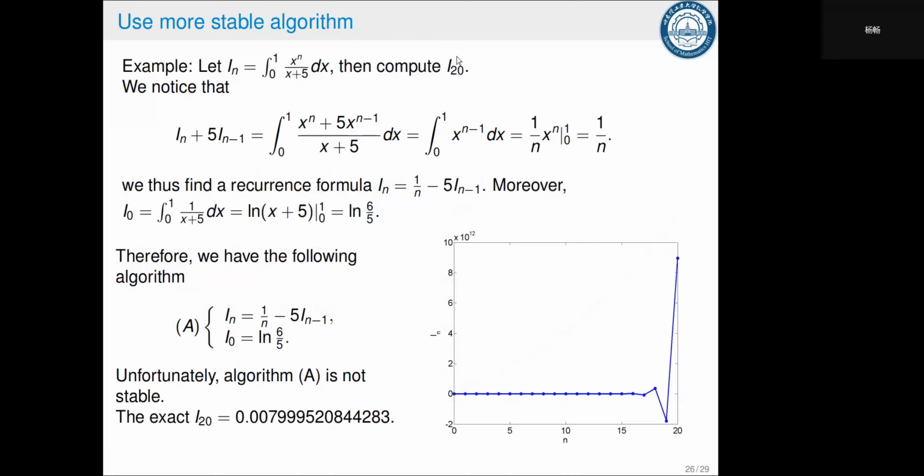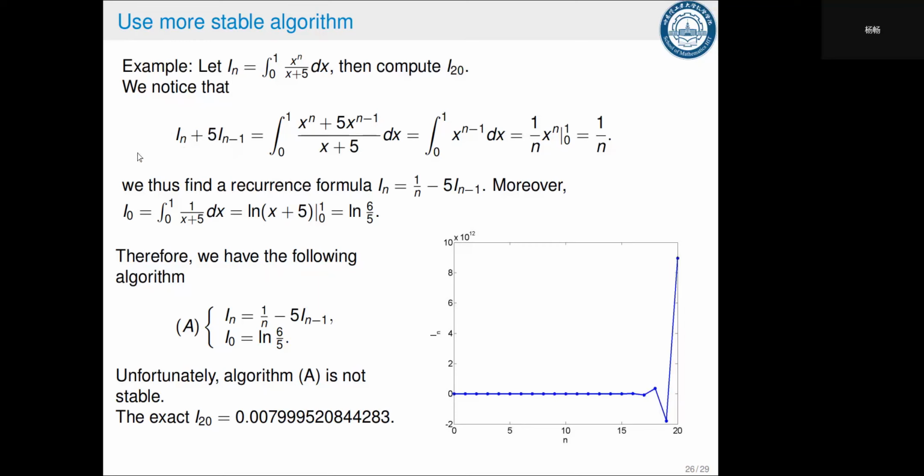What I want to do is to use such a recursive formulation. That is, I make an addition: I_n plus 5 times I_{n-1}. This I_{n-1} is simply to substitute n by n minus 1.